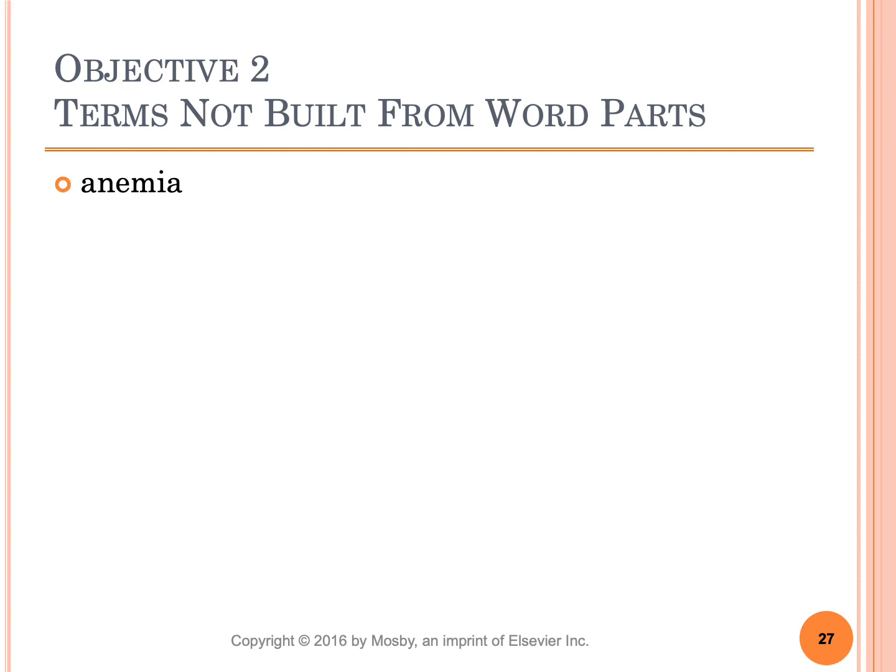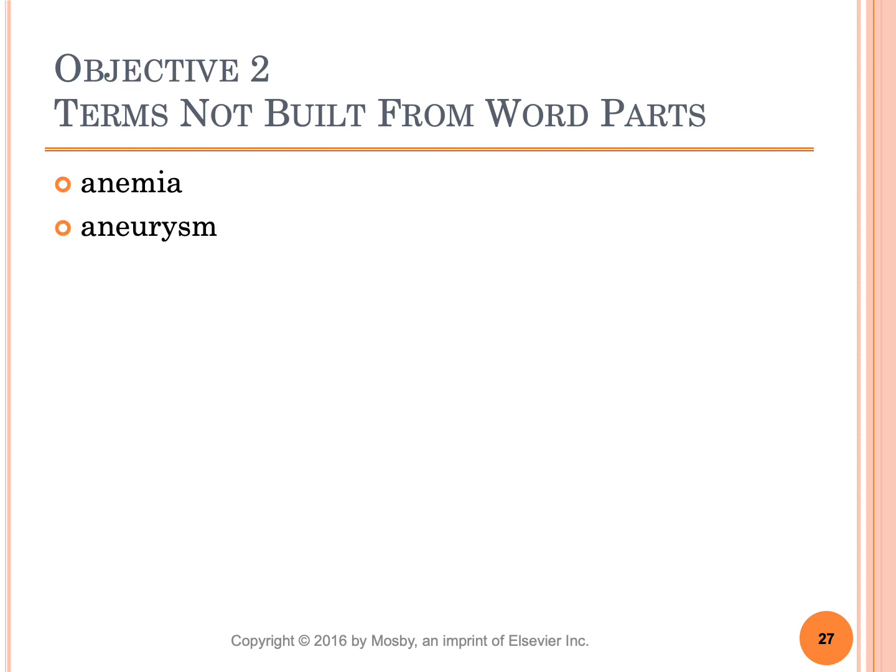A lot of bleeding. It can also be caused by disorders that result in a decreased production of red blood cells or erythrocytes, or by an increased destruction of those red blood cells. So either way, there is a reduction in the number of red blood cells, and that is the definition of anemia.